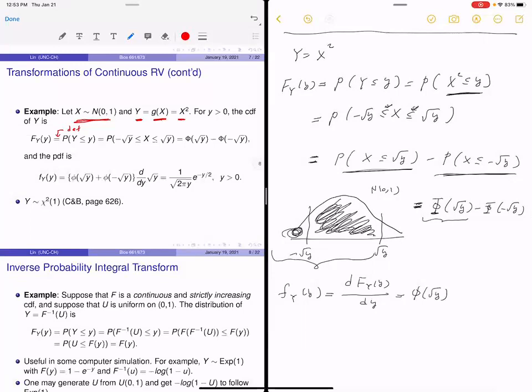Okay? Did I finish? No, I did not finish. Because I do need to pay attention that this is still a function of square root of y. I need to apply the chain rule. Don't forget about the chain rule.